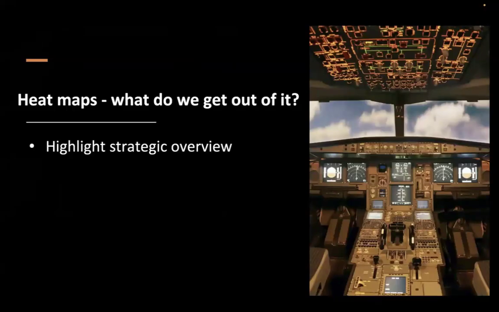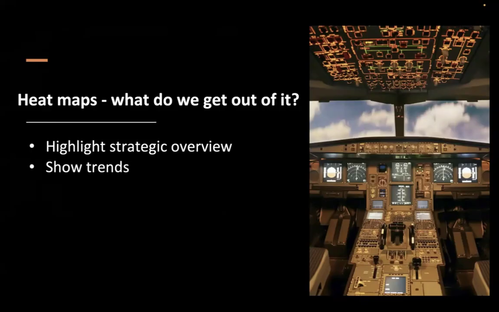What else does it give us? Heat maps give us a strategic overview, so you can have all things at a glance. Quite often in a room, not everyone gets a chance to say what exactly their pain points are. If you remove those distractors, you can have a comprehensive picture, giving everyone equal opportunity to weigh in.